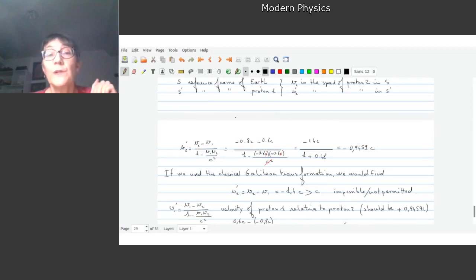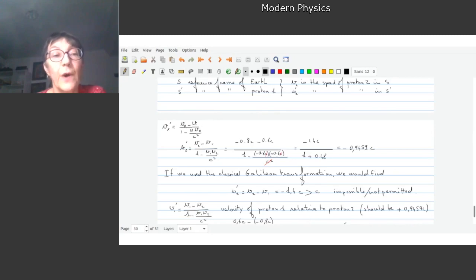So V prime 2, which I want to calculate, is the velocity of the same particle in the other referential, which is V2, minus the velocity of the second referential in relation to the first, which is V1. Remember, V prime x equals Vx minus U over 1 minus U Vx over c squared. What is Vx? This is V2, minus V1.